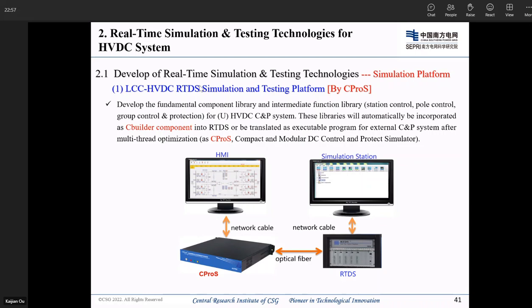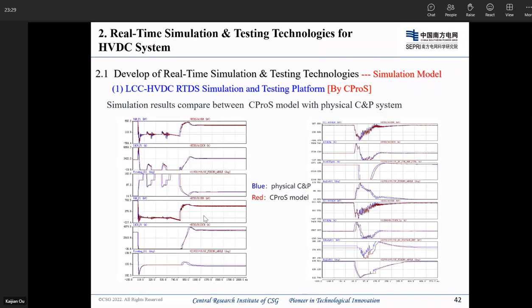This is C++. It is used as a compact DC control and protection simulator, to reduce the room taken by the control and protection system. And we also compile the C++ model and compare it with the physical control and protection.